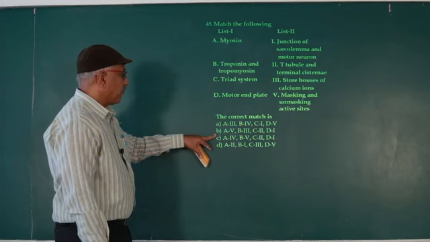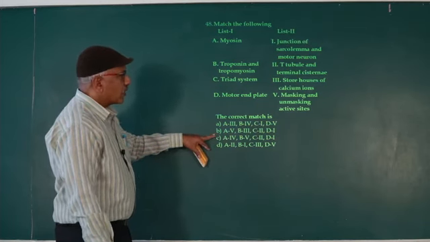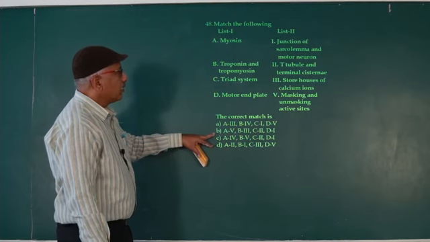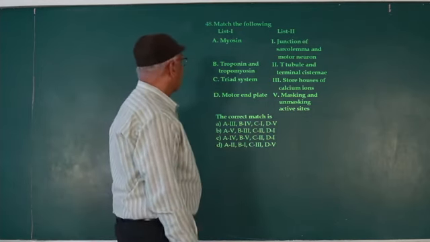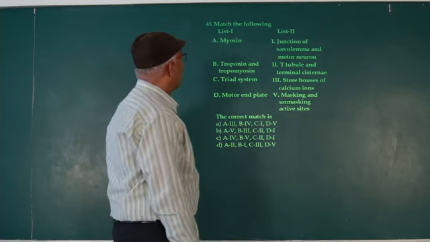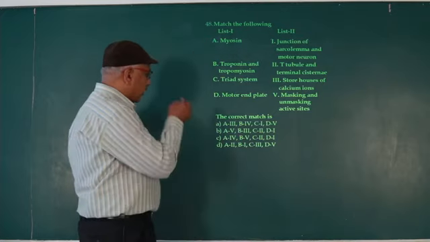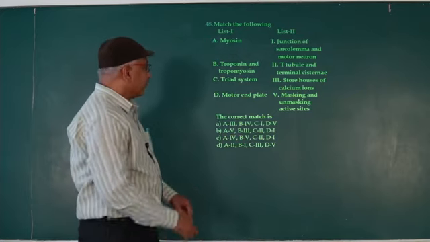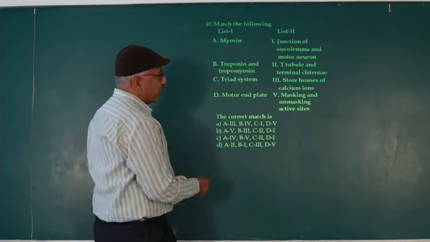Next one is A. A is myosin. Masking and unmasking active sites, so that is wrong. Junction of sarcolemma, T-tubule, storehouse of calcium ions. So the point is the motor end plate.